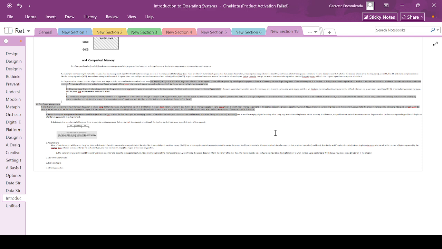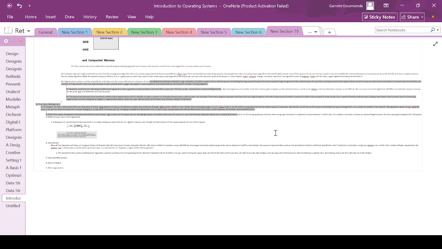However, as we learned, allocating variable size segments in memory leads to some problems that we'd like to overcome.